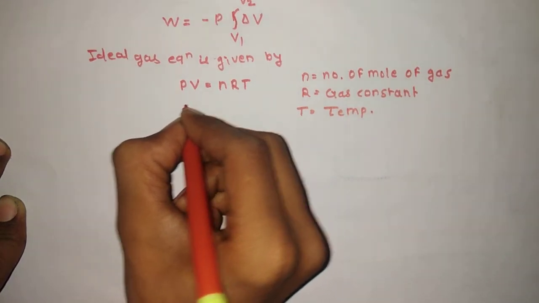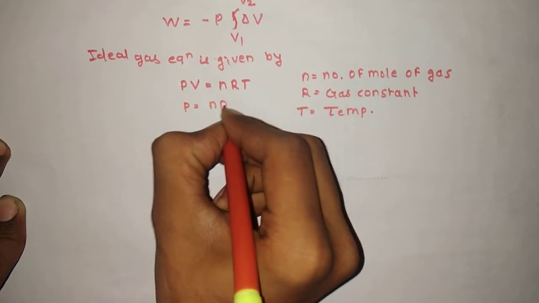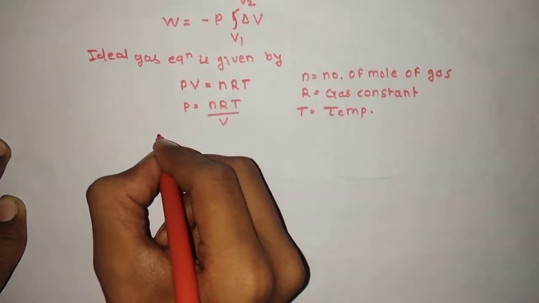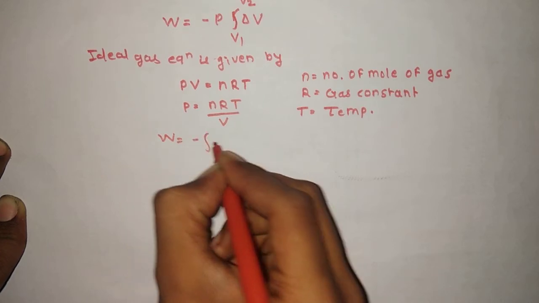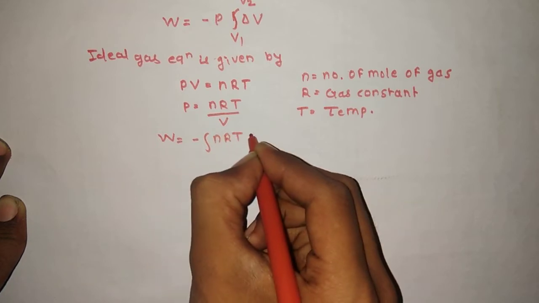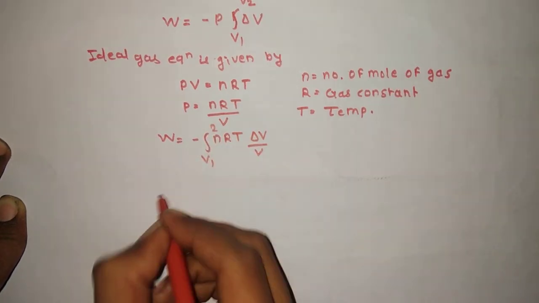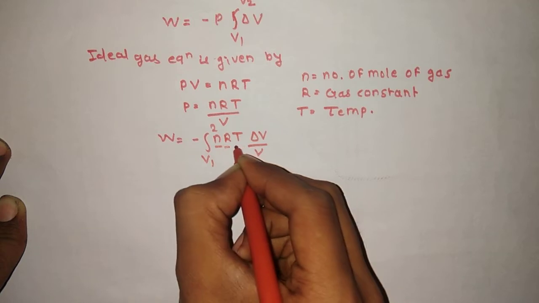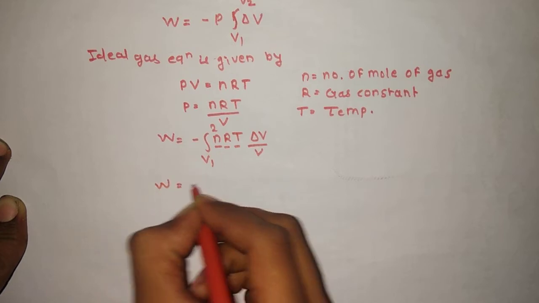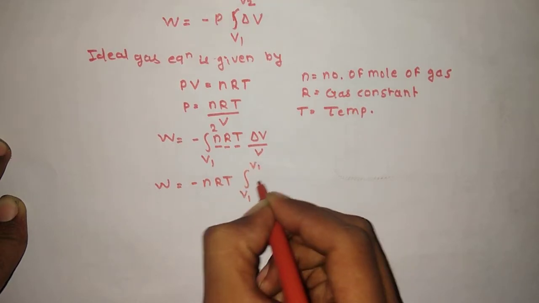From that we get P equals nRT upon V. Putting this value of P into the above equation, we get W equals minus nRT del V upon V from limit V1 to V2. Now we know that n is constant, R is constant, and temperature is also constant. So take minus nRT outside and integrate from V1 to V2.